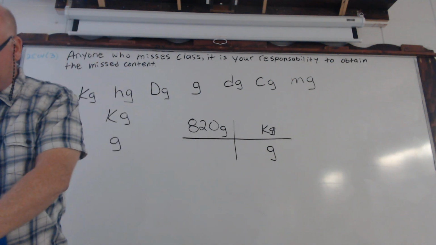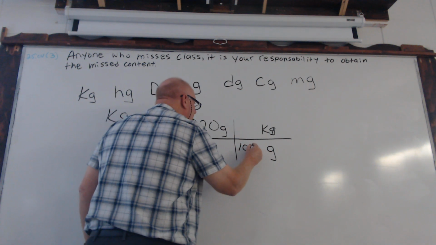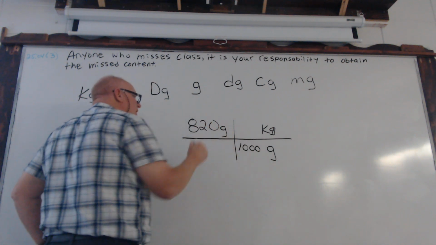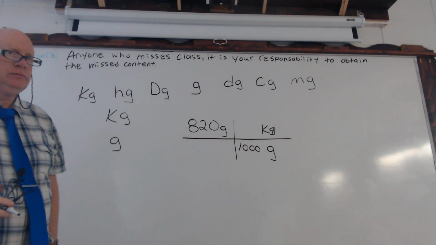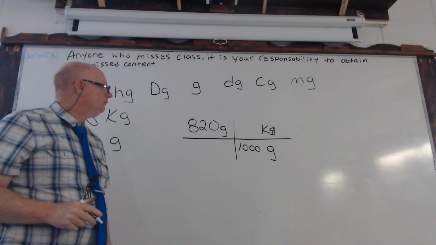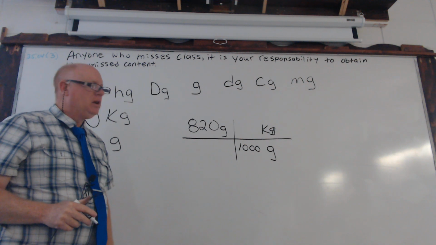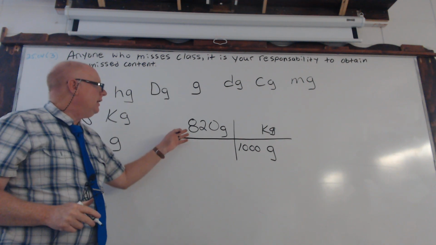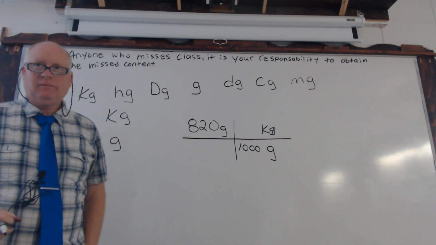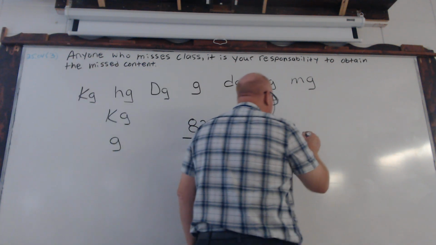So the reason that's significant is if this is 1,000 times bigger than that, what do we get when we divide those two? 0.8. If you divide 820 by 1,000, you get 0.82. Okay, equals what?